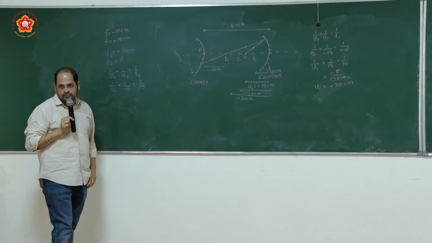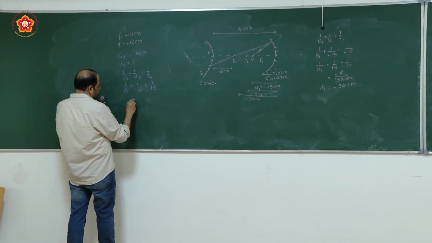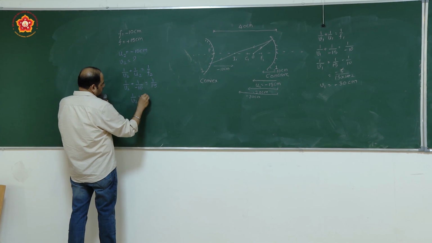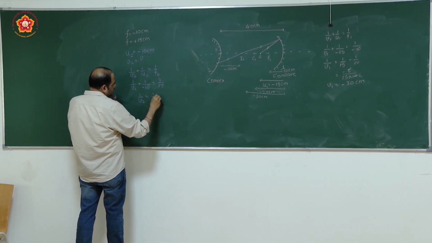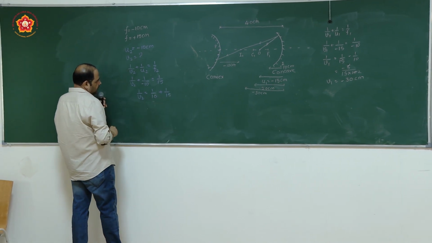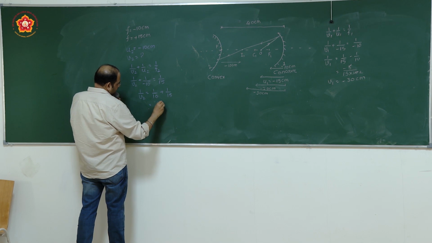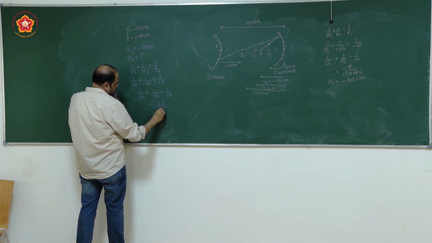Am I right? So if you transfer it, you will be having 1 upon V2 is equal to 1 by 10 plus 1 by 15. So you will be having this as 15 plus 10, 25 divided by 10 multiplied by 15.